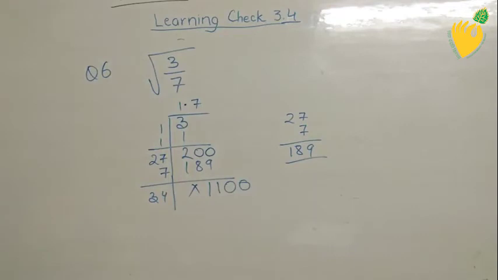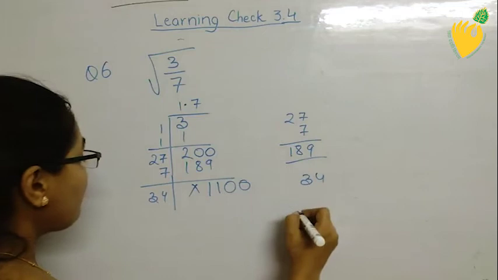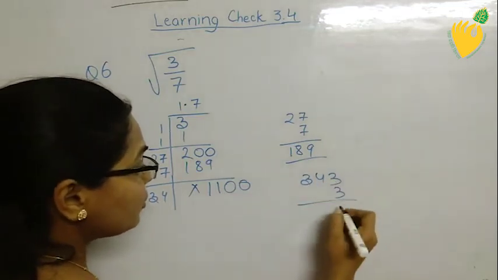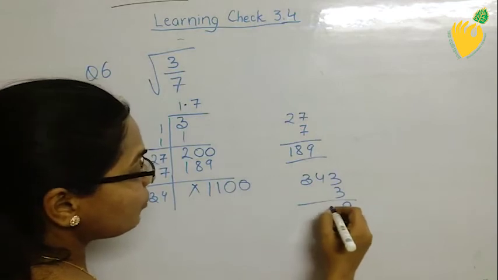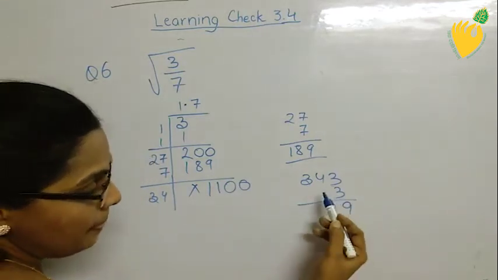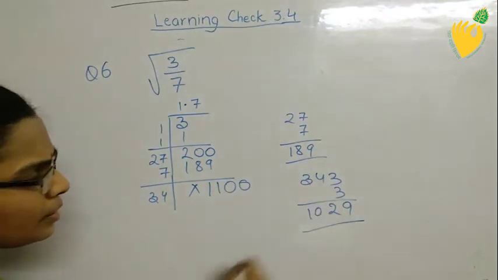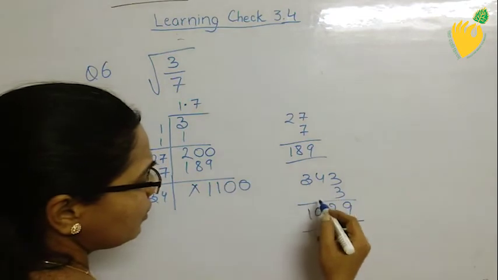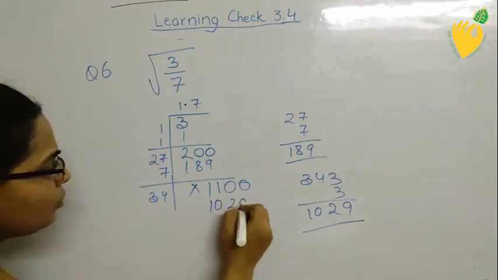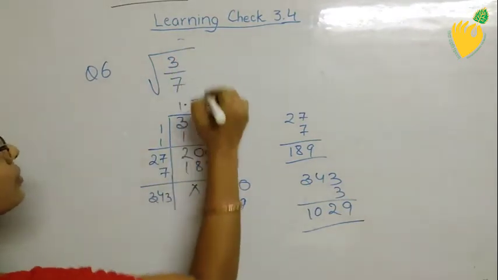Students, you will again read the table. 343, I think maximum it will go 3 times. 3 3 are 9, 3 4 are 12, 3 3 are 9. It is 1029. How many times? 3 times.